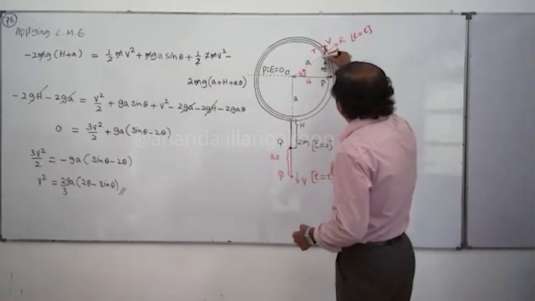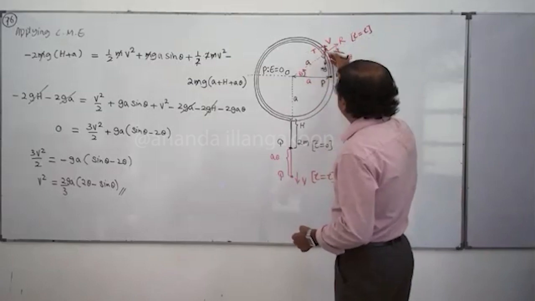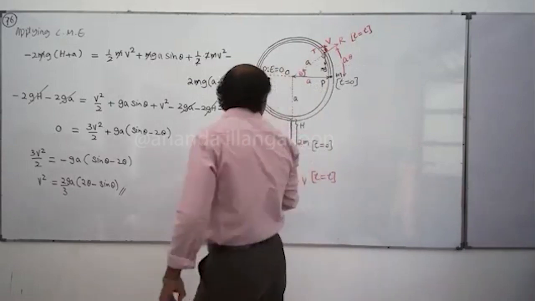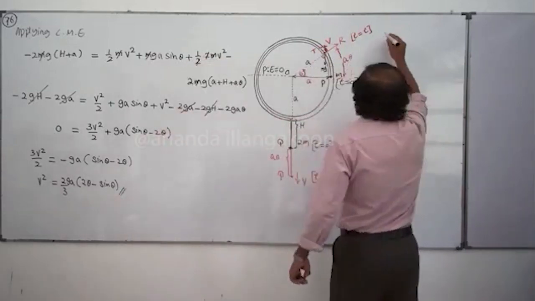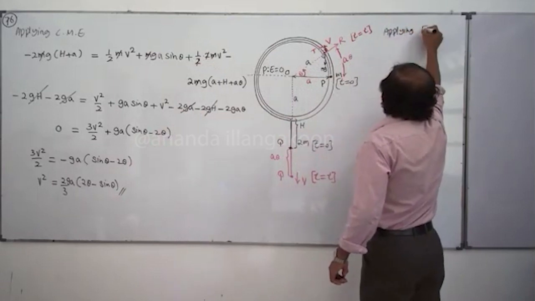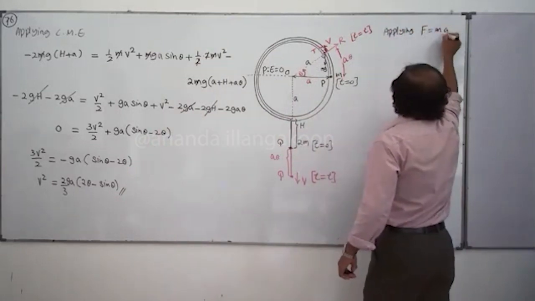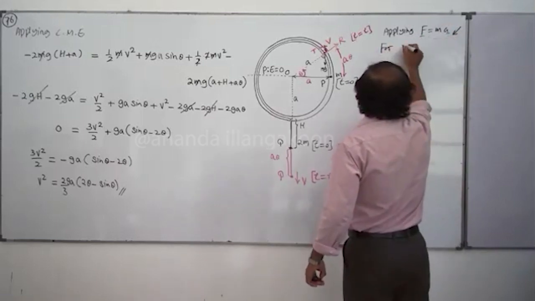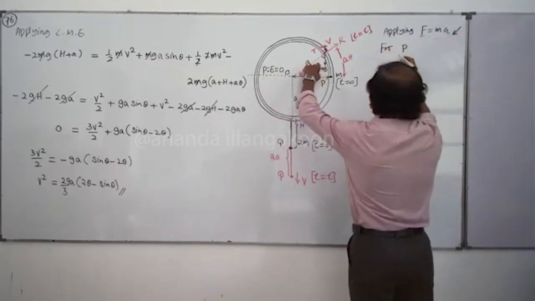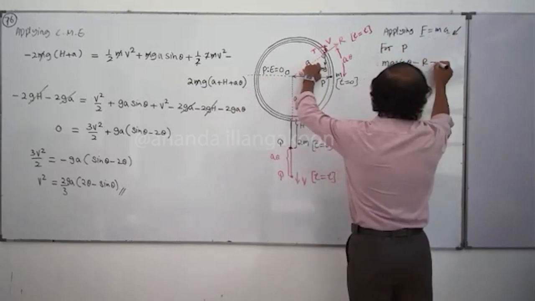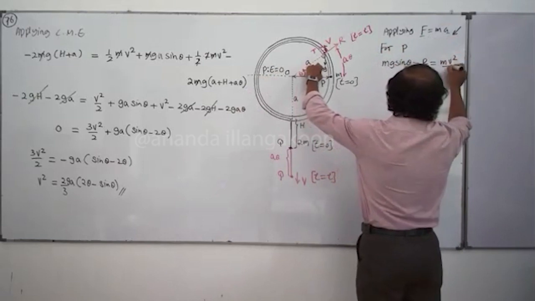This angle is 90 minus theta, so mg cos(90 minus theta) is mg sine theta, minus R is the centripetal force. Applying F equals ma in this direction for P, what do you get? Mg sine theta minus R equals mv squared by a.